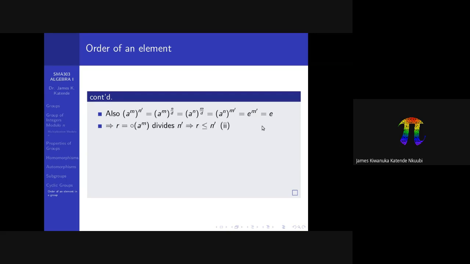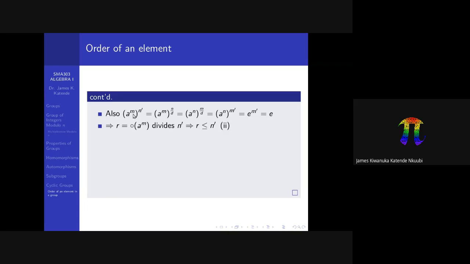So we have that A^M raised to N prime gives us the identity. That means the order of A^M must divide N prime, right? According to the theorem we proved earlier.